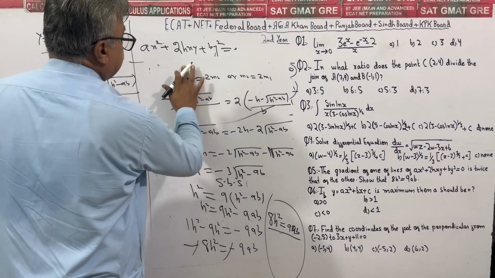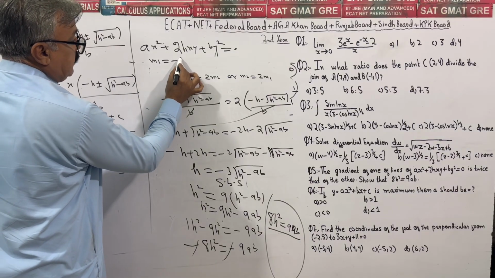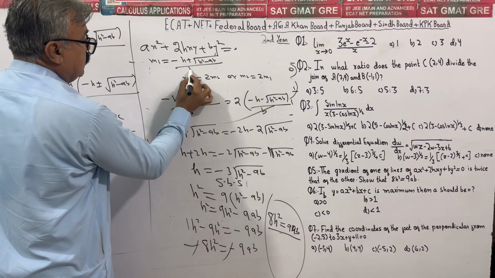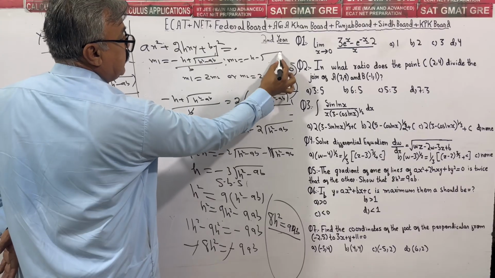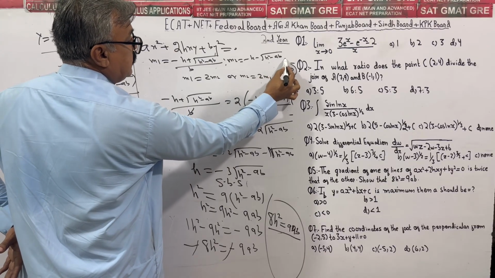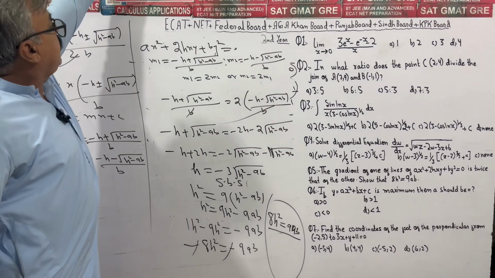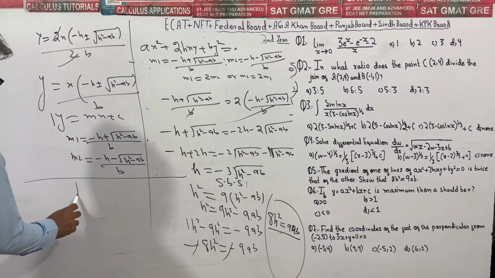One can manage the gradient of this line direct by keeping in mind slope of one line is minus h plus root h square minus ab overall b, while the slope of other line is m2, minus h minus root h square minus ab overall b. Angle between two lines for this is given by the formula tan theta.